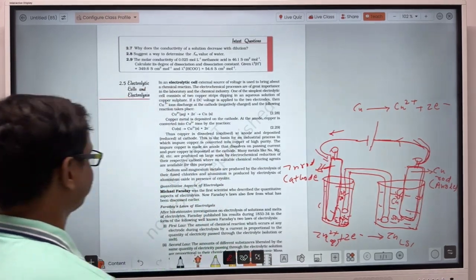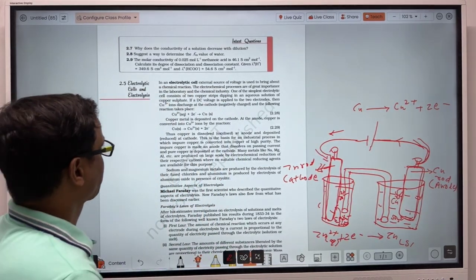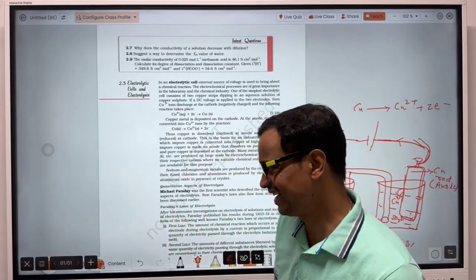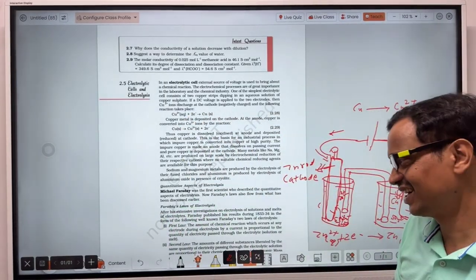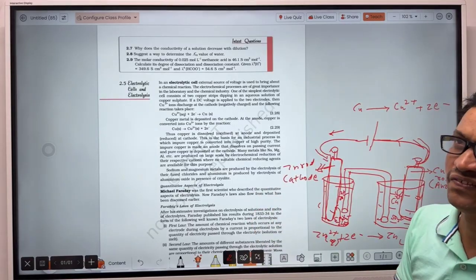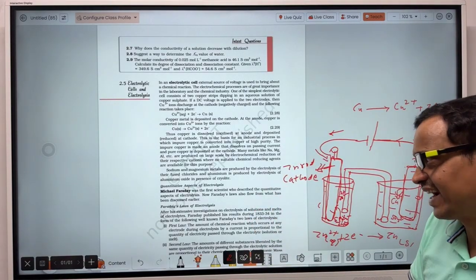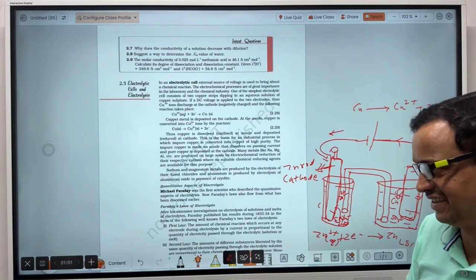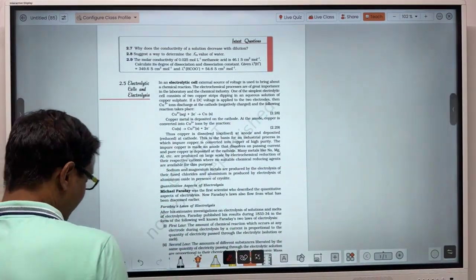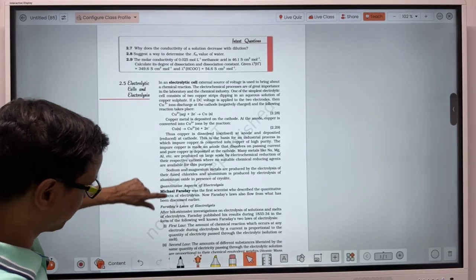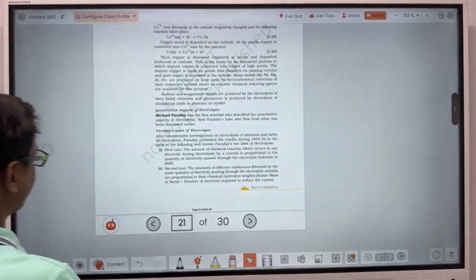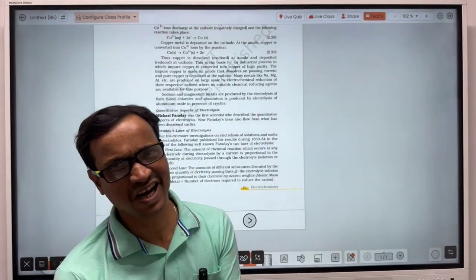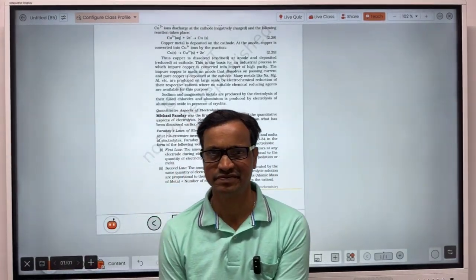Now let's see. Whenever we have to discuss electrolytic cells and electrolysis, we have to consider Faraday's laws of electrolysis. We should keep Faraday's laws of electrolysis in our mind. Faraday's first law of electrolysis, very simple it is, says that it depends on how much charge we pass through the solution.